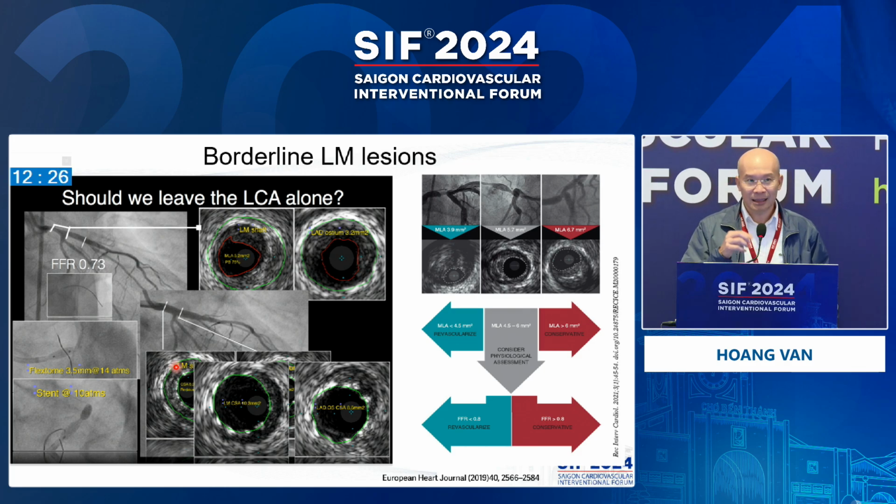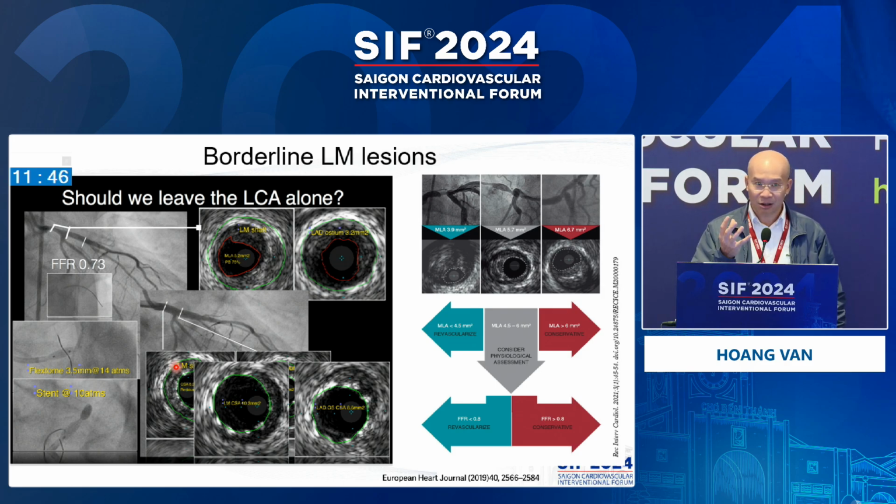Imaging is also useful to determine left main stenosis. If we use IVUS and the minimal lumen area in the left main is less than 4.5 mm squared, it is a significant stenosis, so patients need revascularization. If the minimal lumen area is more than 6 mm squared, it is only medical treatment.